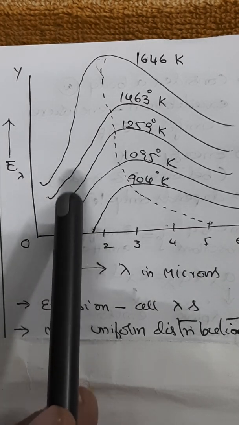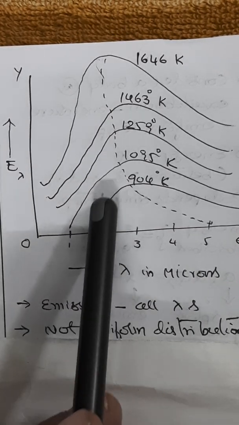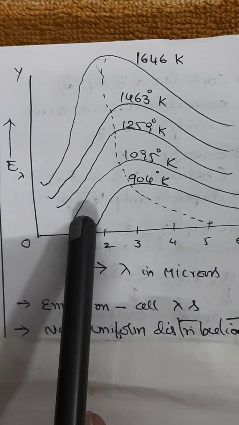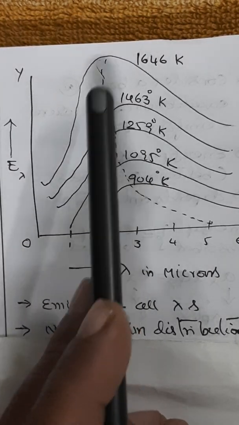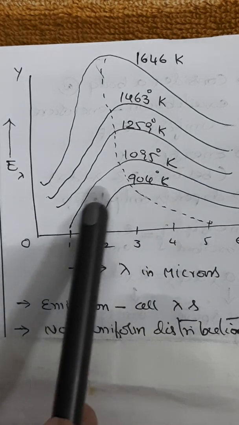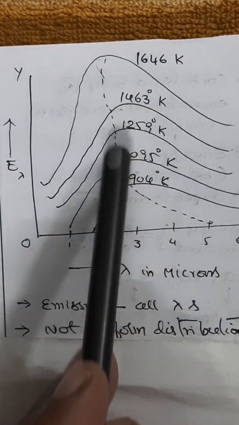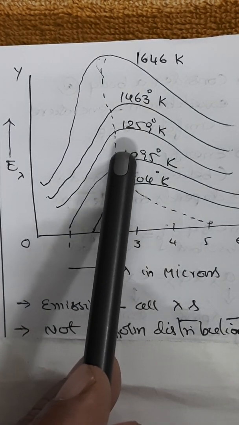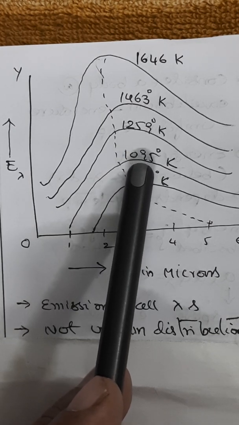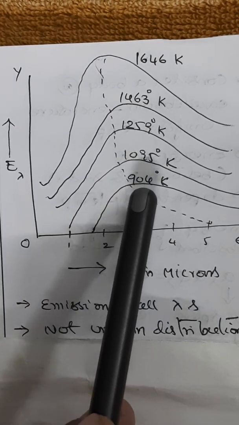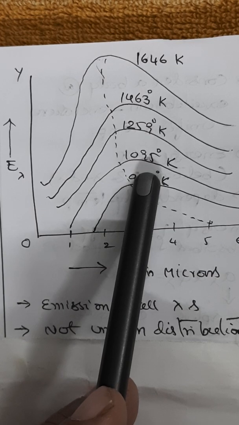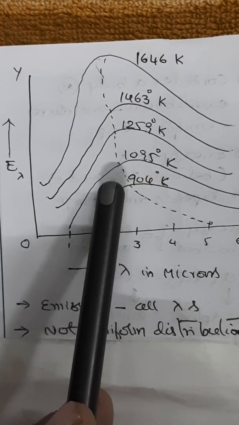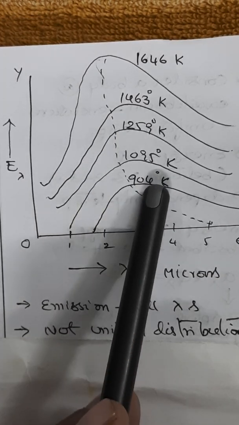We can say that the emission from a black body at any temperature is composed of radiation of all wavelengths. Different wavelengths are being seen here at different temperatures.